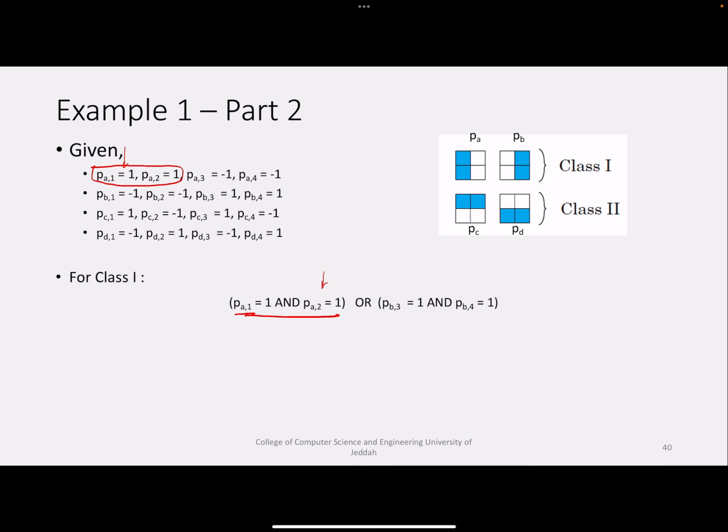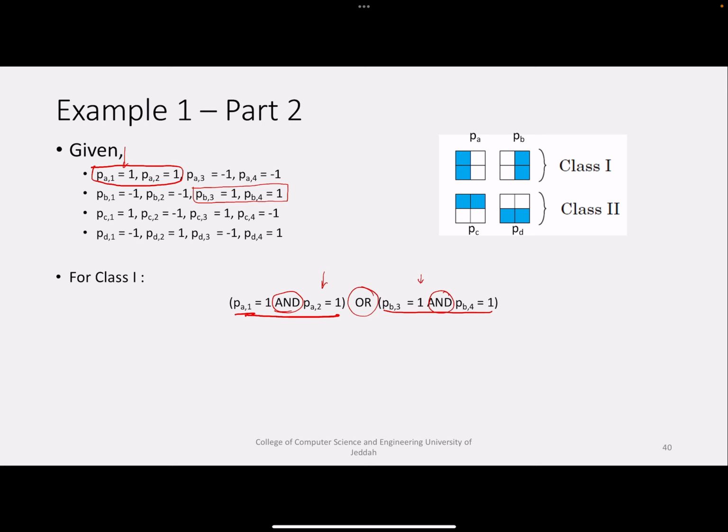Or if the last two entries, or the last two inputs, are both 1. This one or this one. So I have an OR condition in between. So you can already see the use of the AND operation over here and the OR operation combining the two.